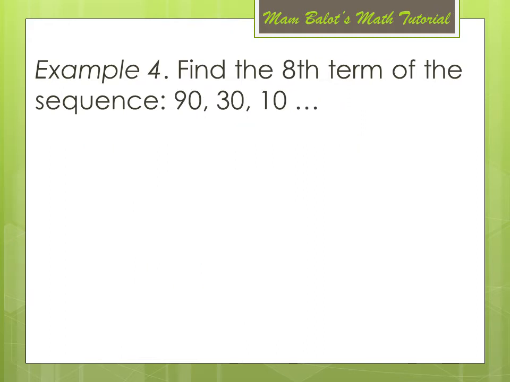Another example. Find the 8th term of the sequence 90, 30, 10, and so on. From this sequence, the first term is 90. R is 1/3, since we multiply 1/3 to the first term to get the next term, or we simply divide it by 3.